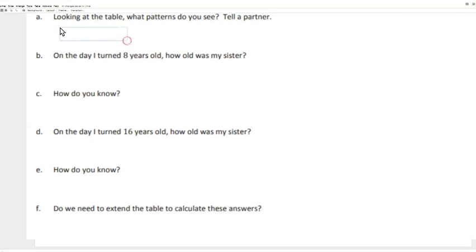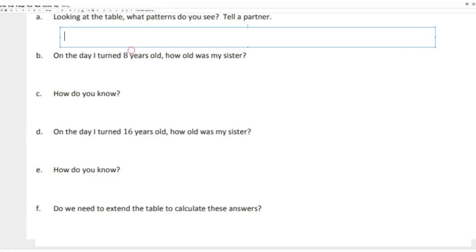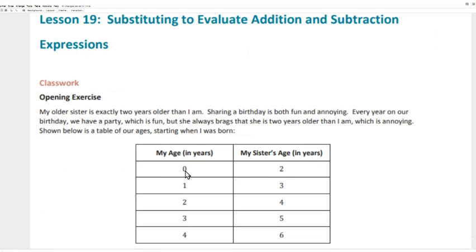I'm going to go ahead and identify a pattern that I see. What I see is that in this table, the sister's age is always 2 years older, 2 numbers higher than my age.